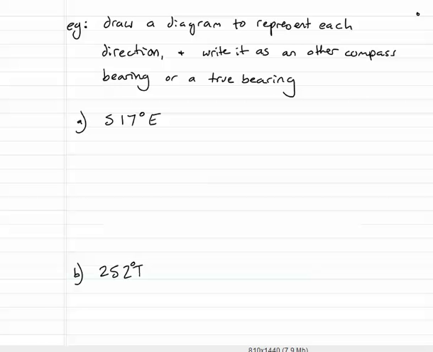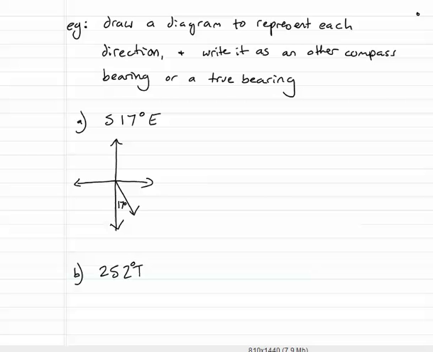So, very quickly, south 17 degrees east. Draw a diagram. Draw a compass rose. I'm going south first, then towards east, and it's 17 degrees towards east. A diagram is very helpful to help you convert between bearings.